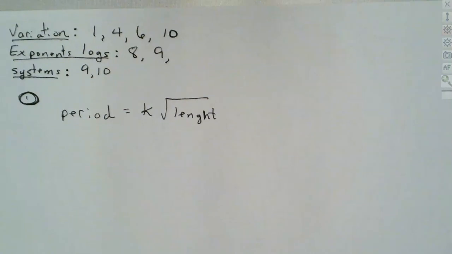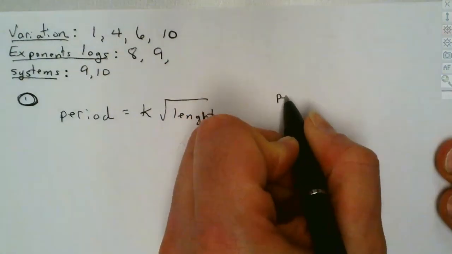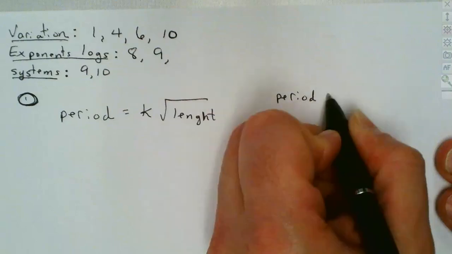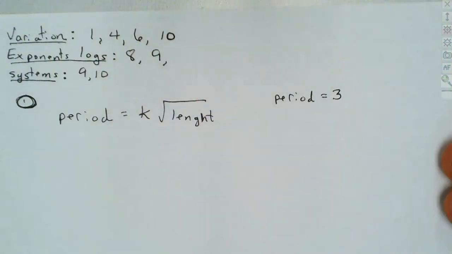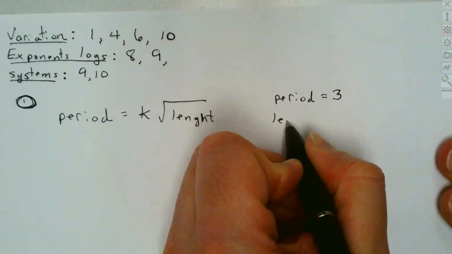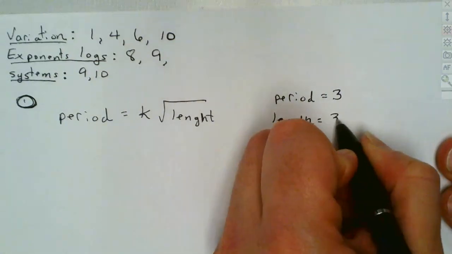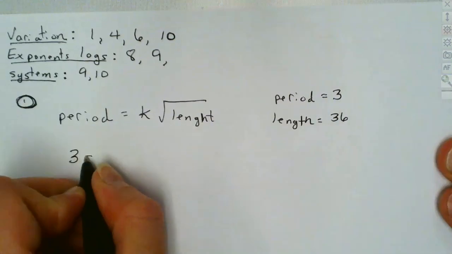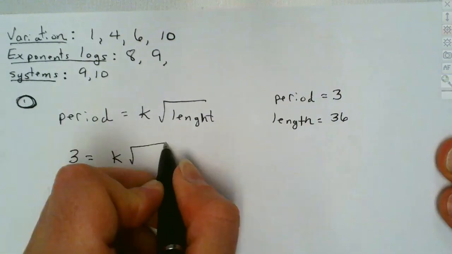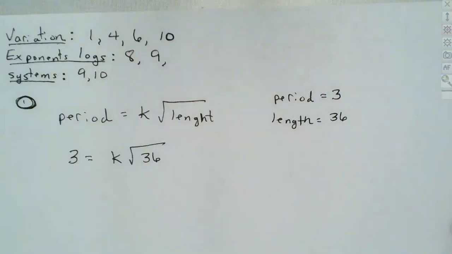Now what we need to do is find that K. And we know the period of vibration is 3 seconds when the length is 36. So we fill it in. We just fill in our pieces here.